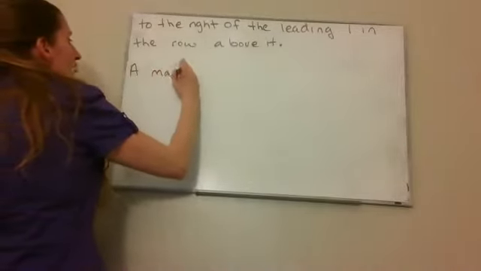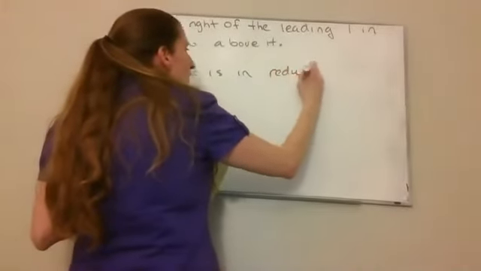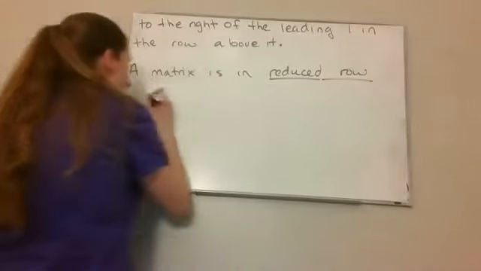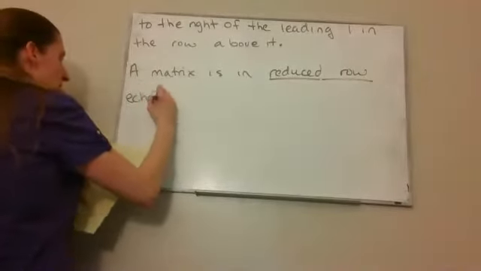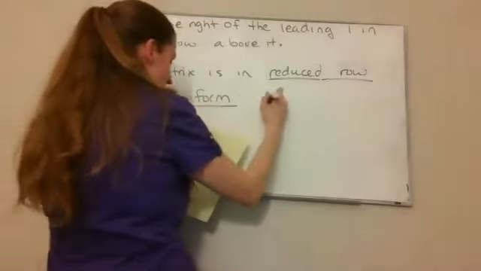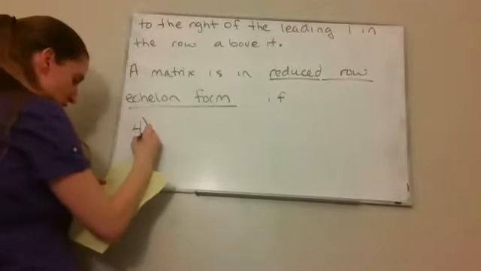So a matrix is in reduced row echelon form if this fourth property is also true.